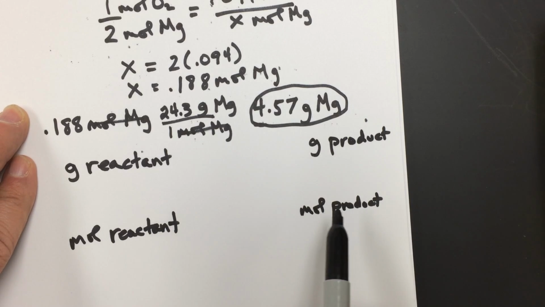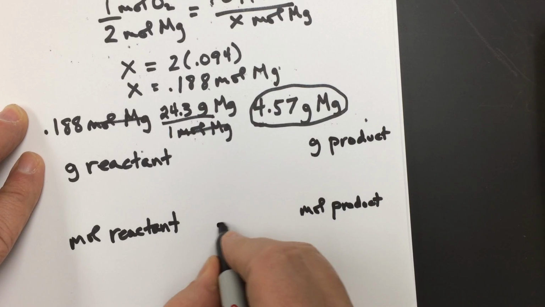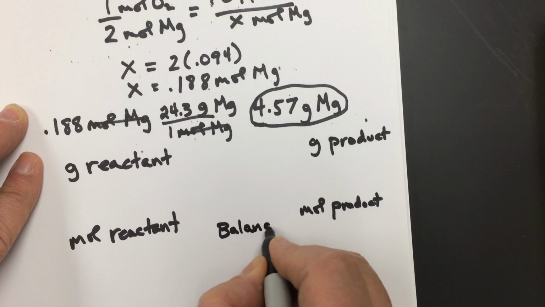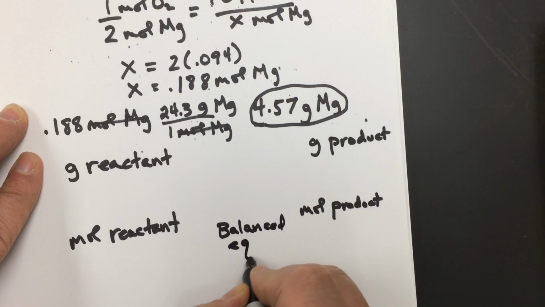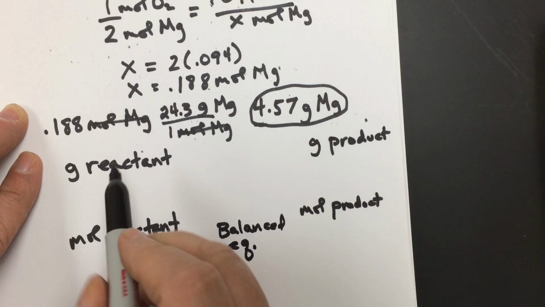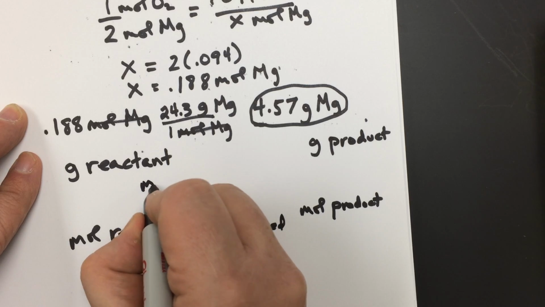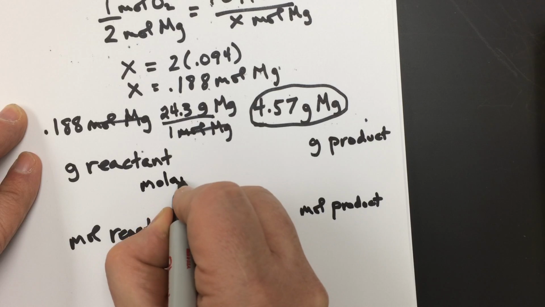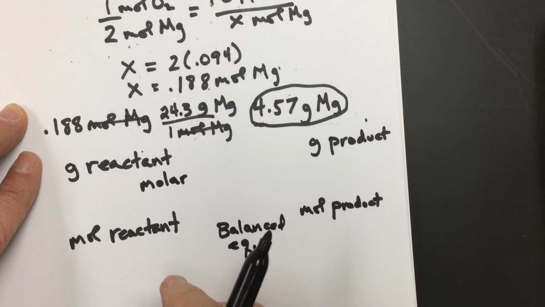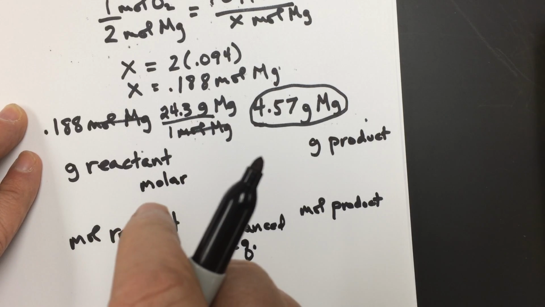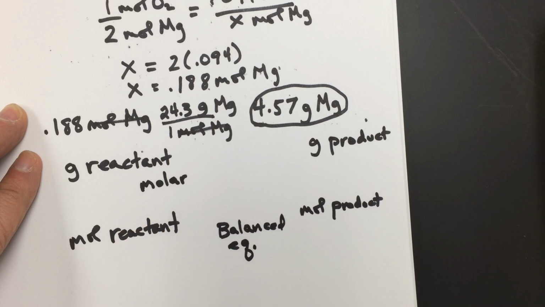If we were in moles, remember, you can go through the balanced equation. If you were in grams, you had to go through the molar mass. And the molar mass, remember, was how much the molecule weighs. So every single atom inside that molecule has a weight that you can look up on the periodic table.